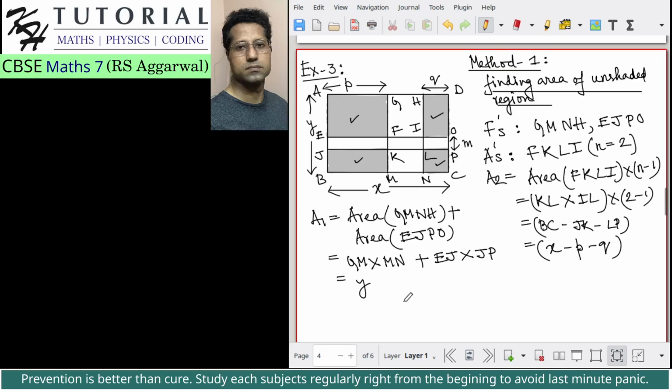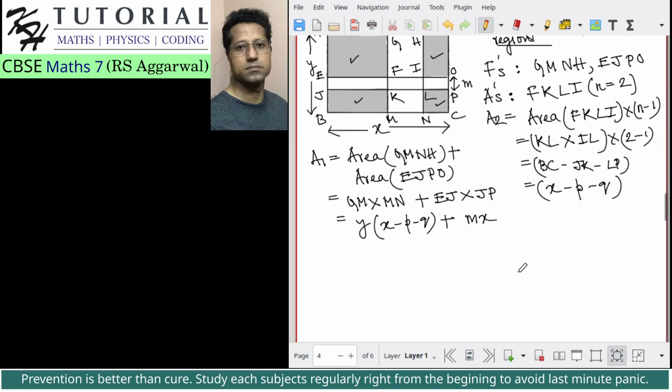MN is nothing but X minus P minus Q. And then plus we have EJ multiplied by JP. EJ is M, and JP is the length of the enclosing rectangle, which is X.